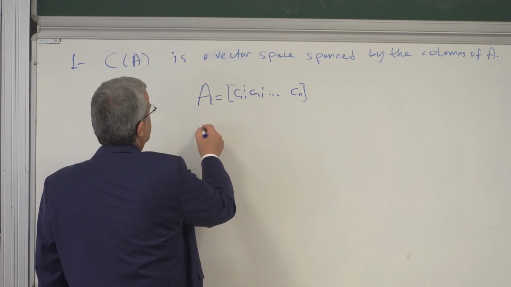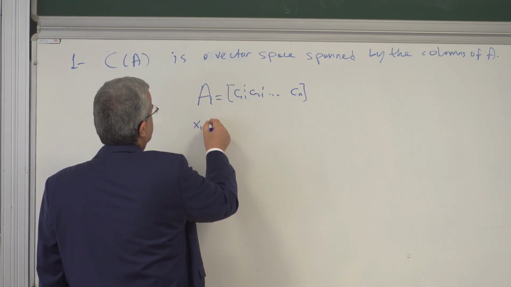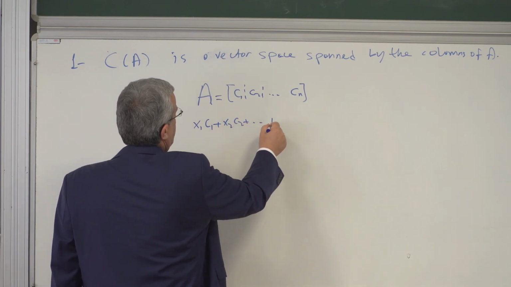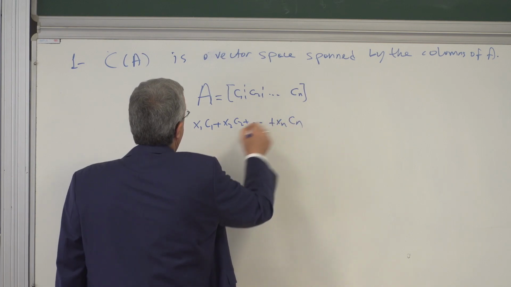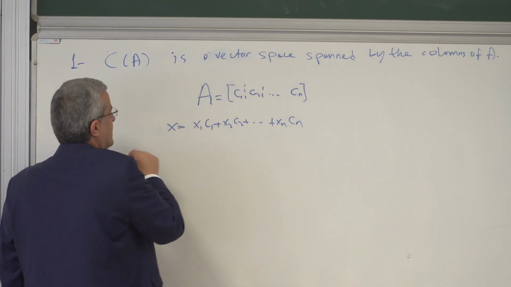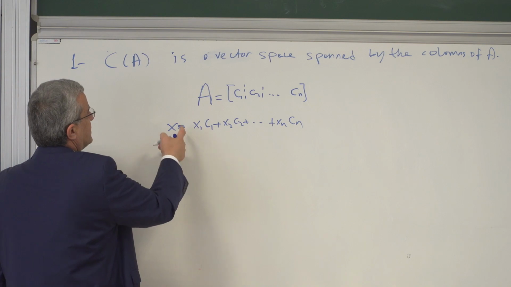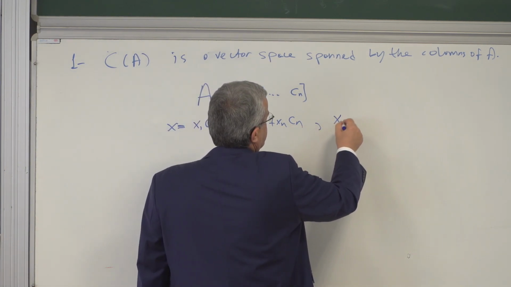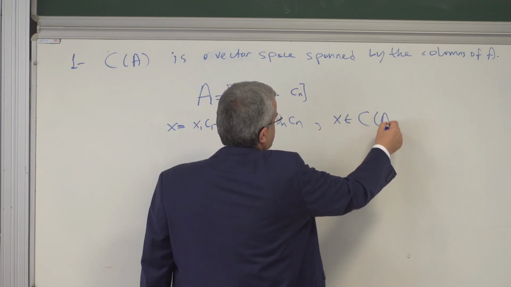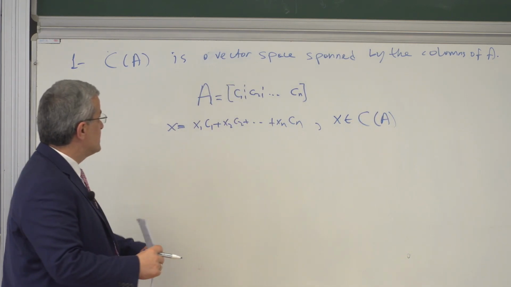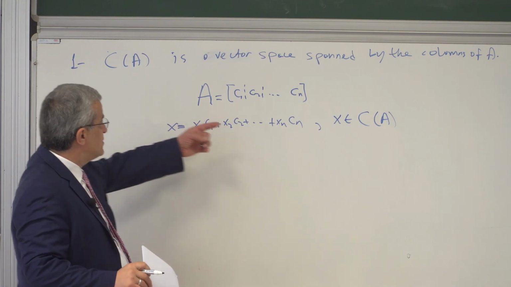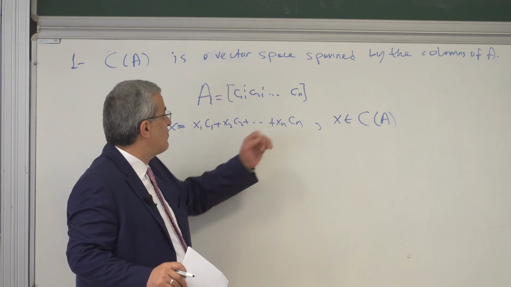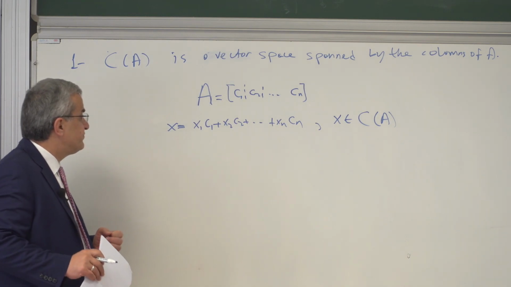So you would say that this is like x1 c1, x2 c2, xn cn. So any x in CA, where this means x is in CA, any x in CA is a linear combination of the columns.